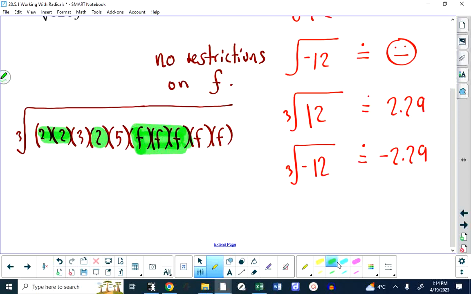I have 3 2's and I have 3 f's, so I can extract those 3 2's as a single 2, because the cube root of 2 times 2 times 2 is just 2. And the cube root of f times f times f is just f. And then we're left with what I call the leftovers. Whatever you have left over, pack it back together. So I have 3 times 5, which is 15, f squared.